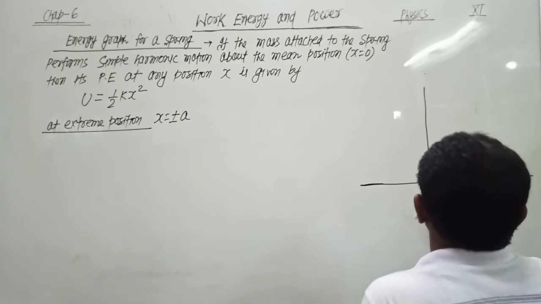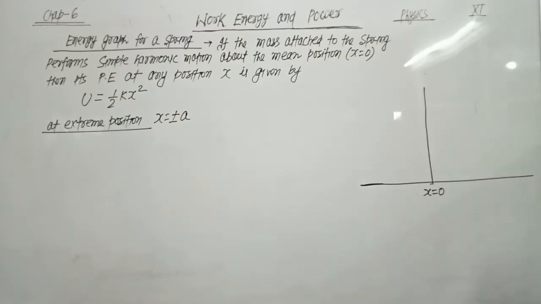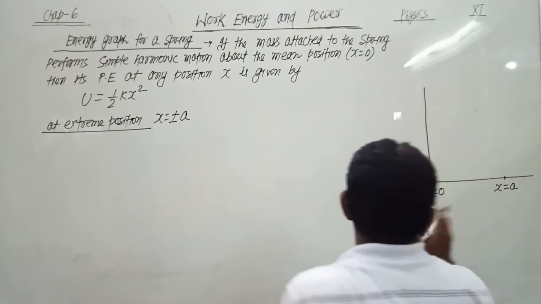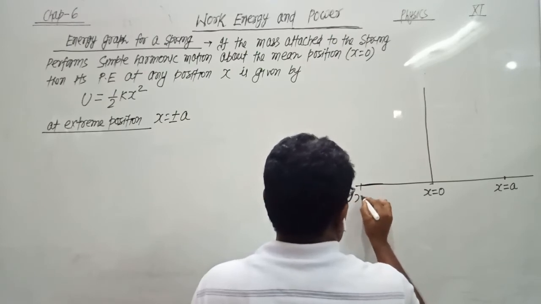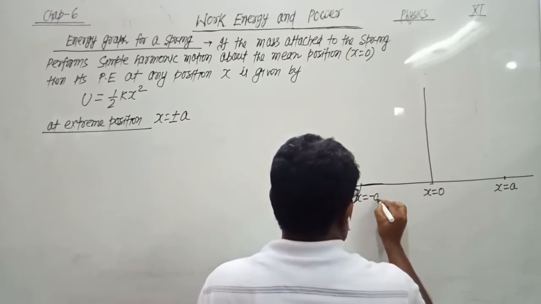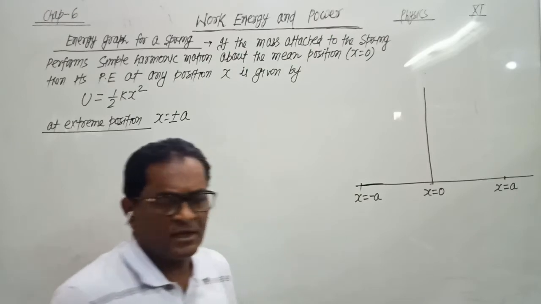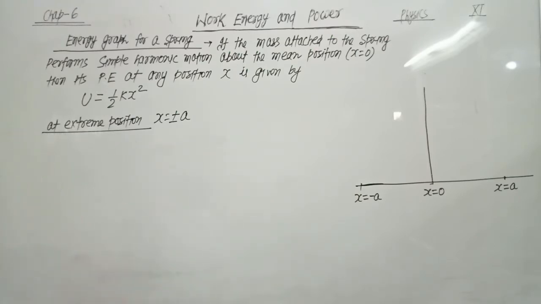This is the mean position, x equals 0, and x equals a is the extreme position on the positive axis, and x equals minus a is the extreme position on the negative x-axis.